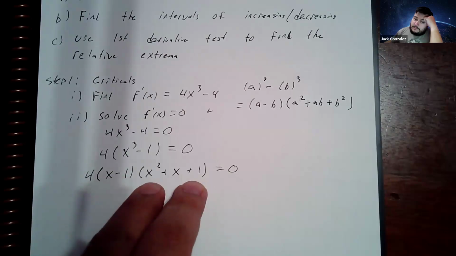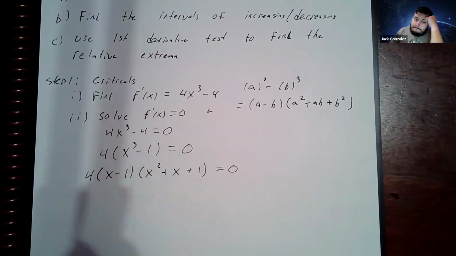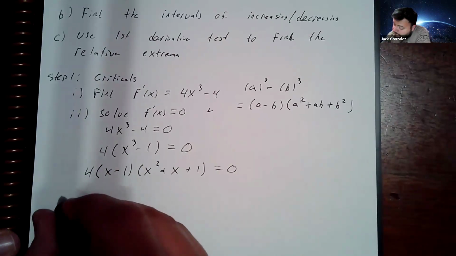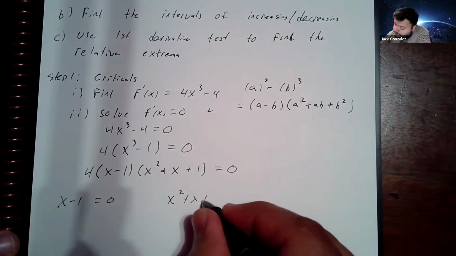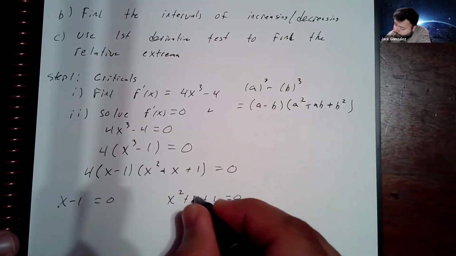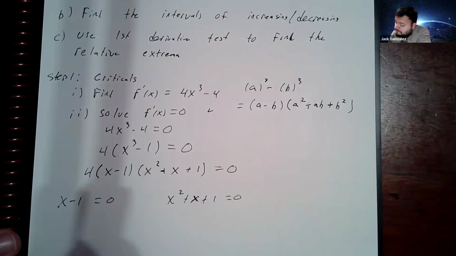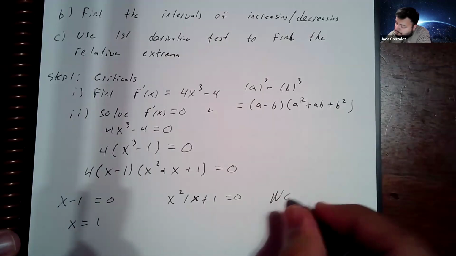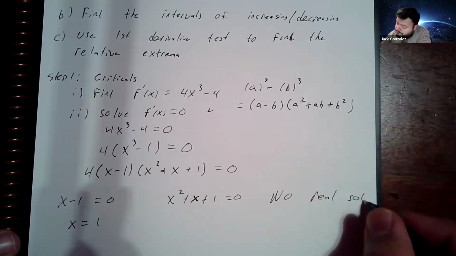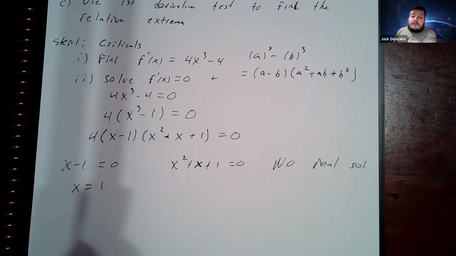Can you factor this? No. So we only have one critical point, a critical number. Okay.